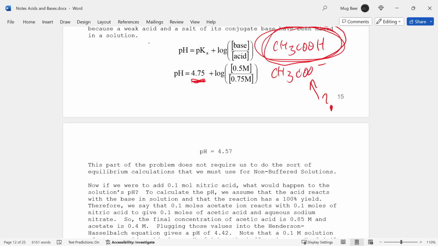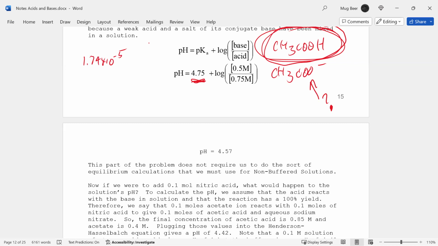So let's look at that for a second. 1.74 times 10 to the negative fifth. That's its Ka value, okay? So let's forget about the 1.74 for a second. What would happen if I took the negative log of 10 to the negative fifth? 5, because it was negative log.